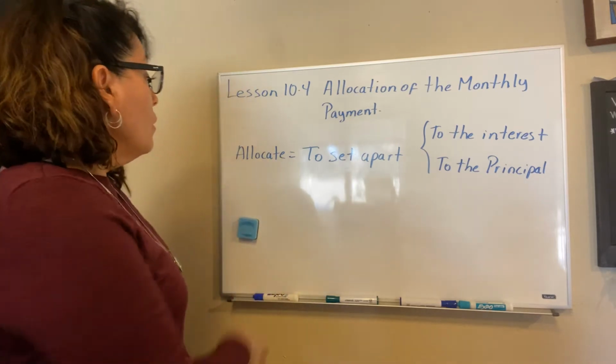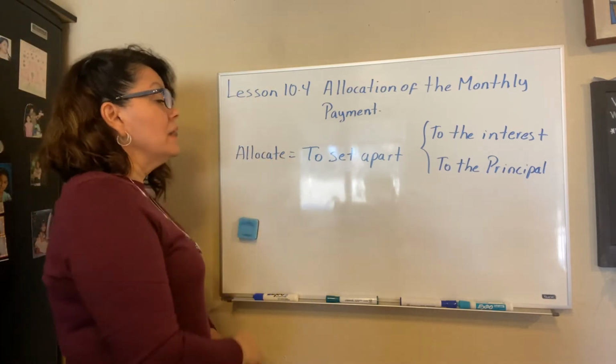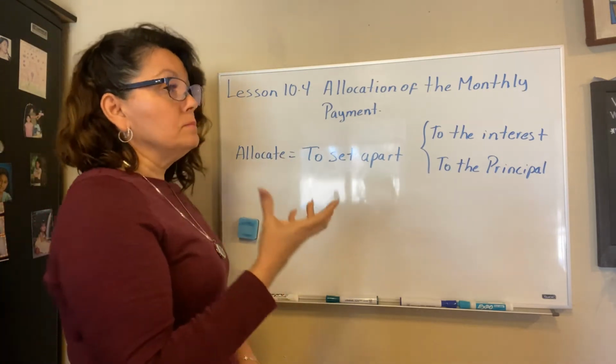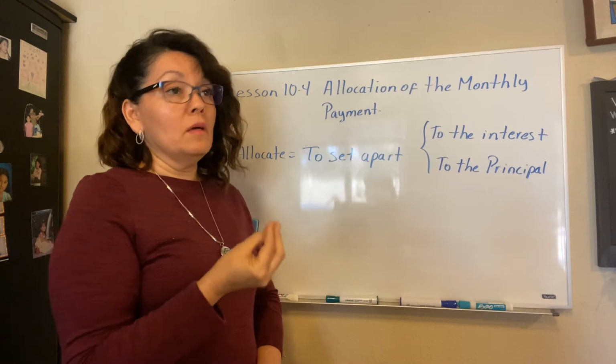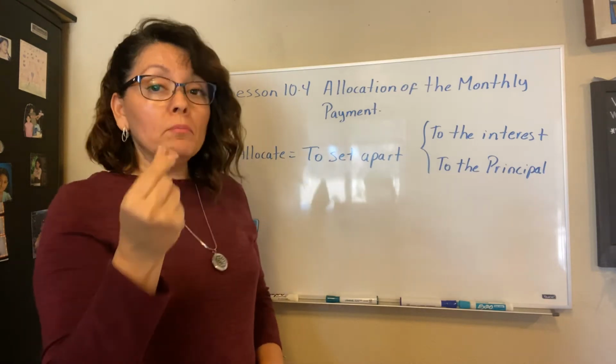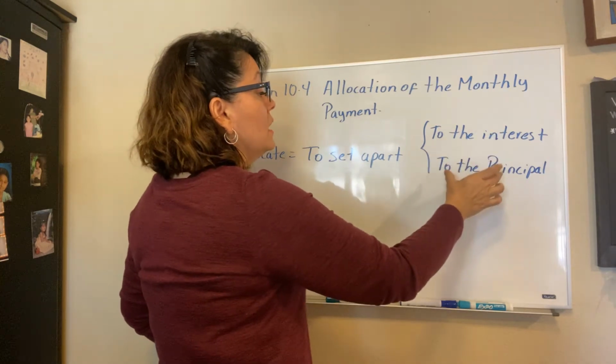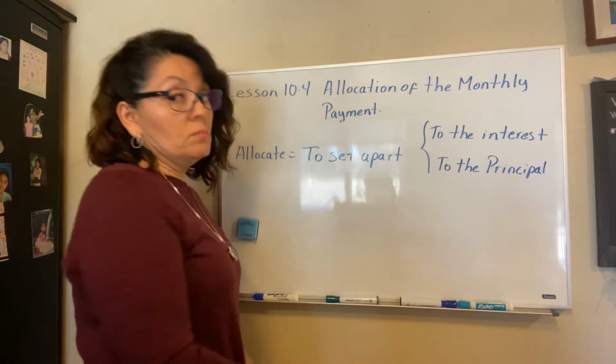Because they use allocate, to set apart. One part of the monthly payment goes to the interest and the other one goes to the principal.